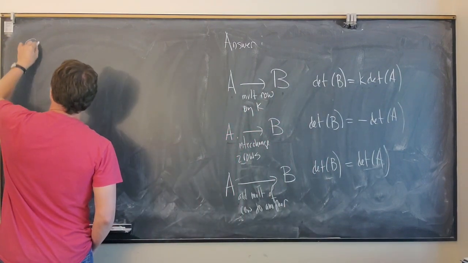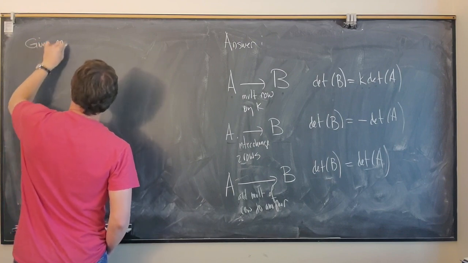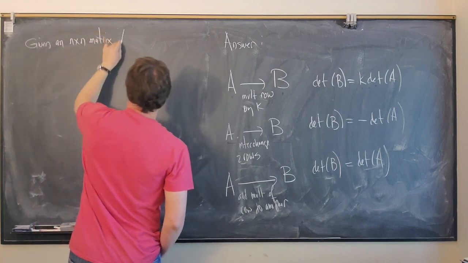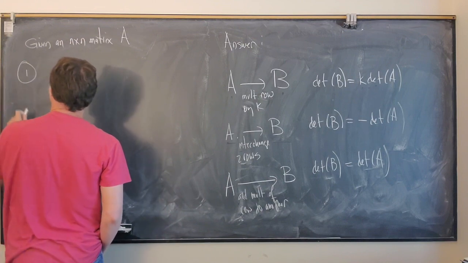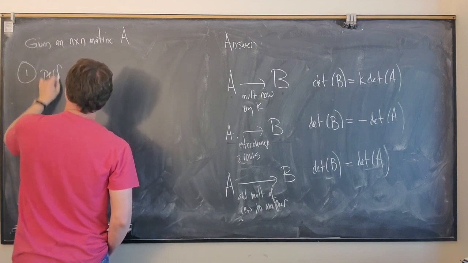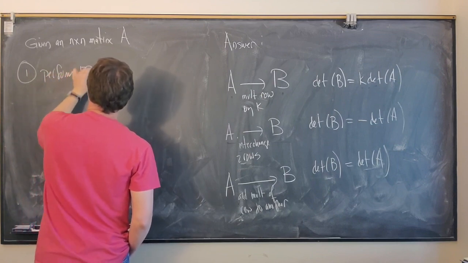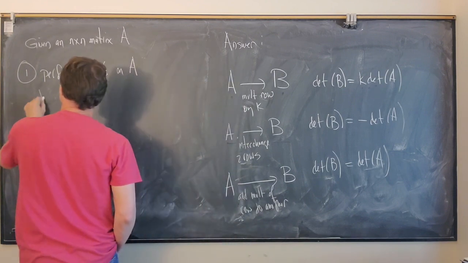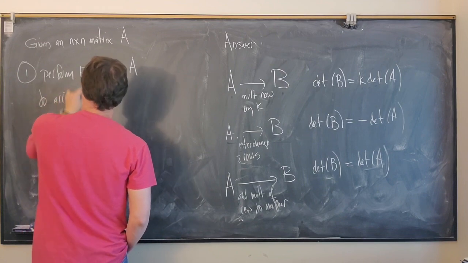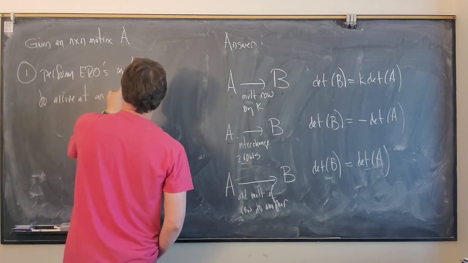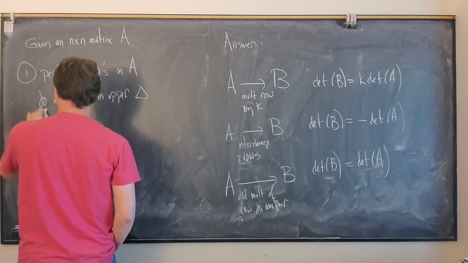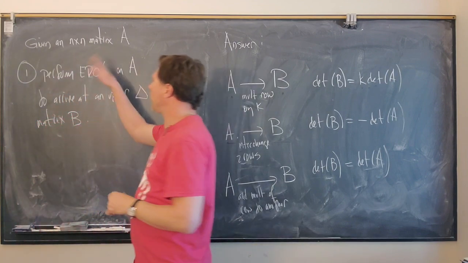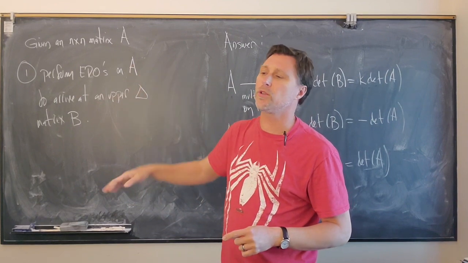Given an n by n matrix capital A, what we do is we perform elementary row operations on capital A to arrive at an upper triangular matrix B. We don't need to get all the way into reduced row echelon form.